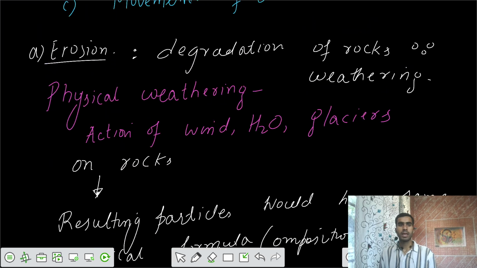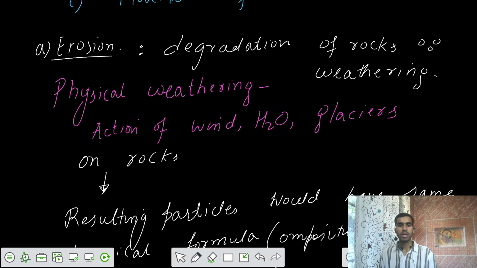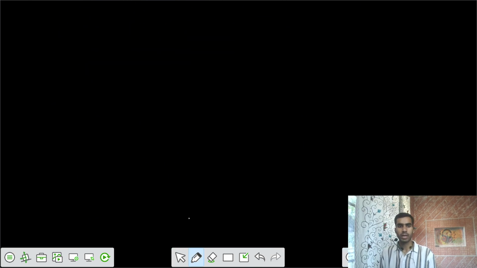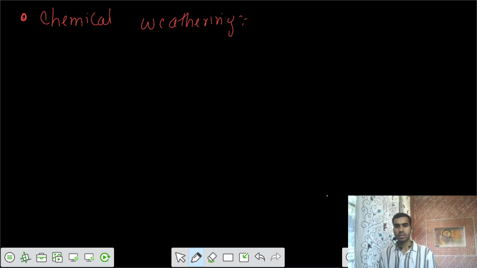After that, we have the second kind of weathering, that is chemical weathering. Okay. Now, as the name suggests, there might be a change in the chemical composition.